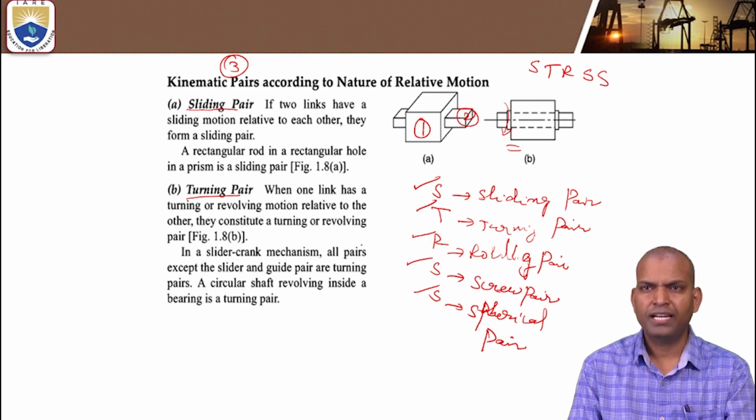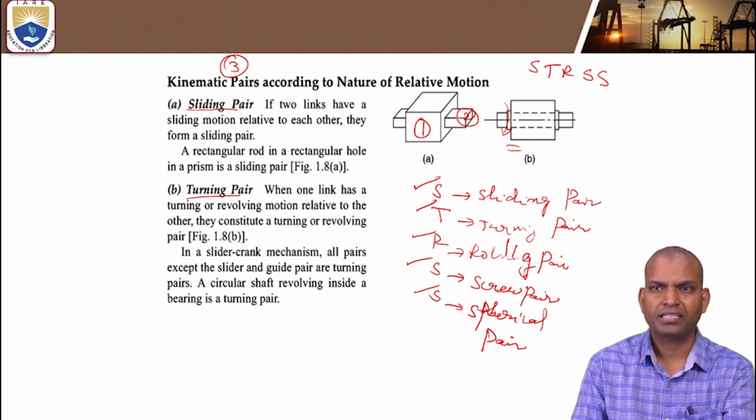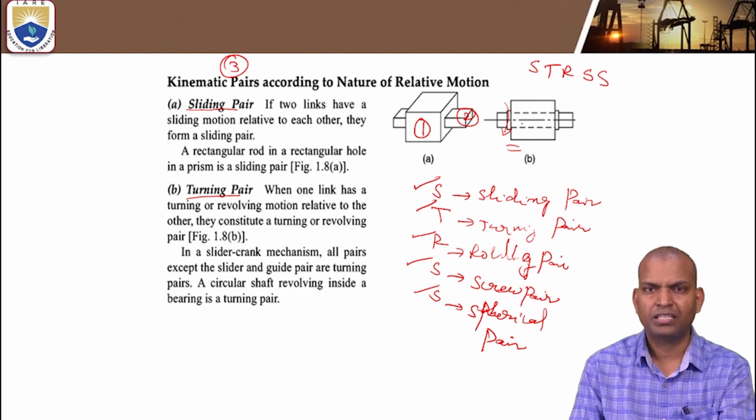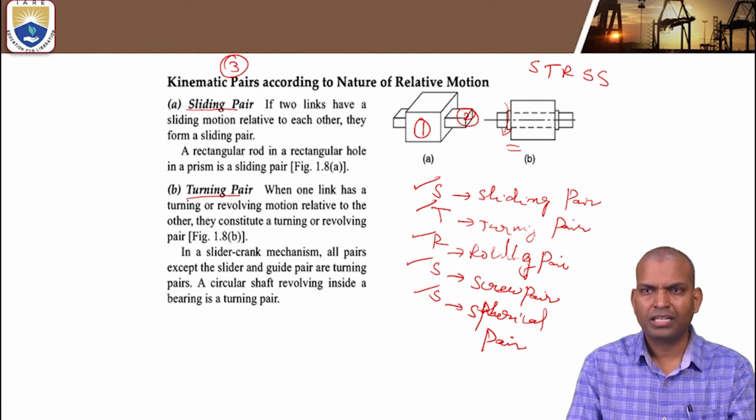And now if we correlate or if we observe in relation to nature of contact of kinematic pairs classification, this is the sliding, this is the surface contact. Here also it is completely, this is also surface contact. So either surface contact or area contact, those pairs comes under the category of lower pairs.